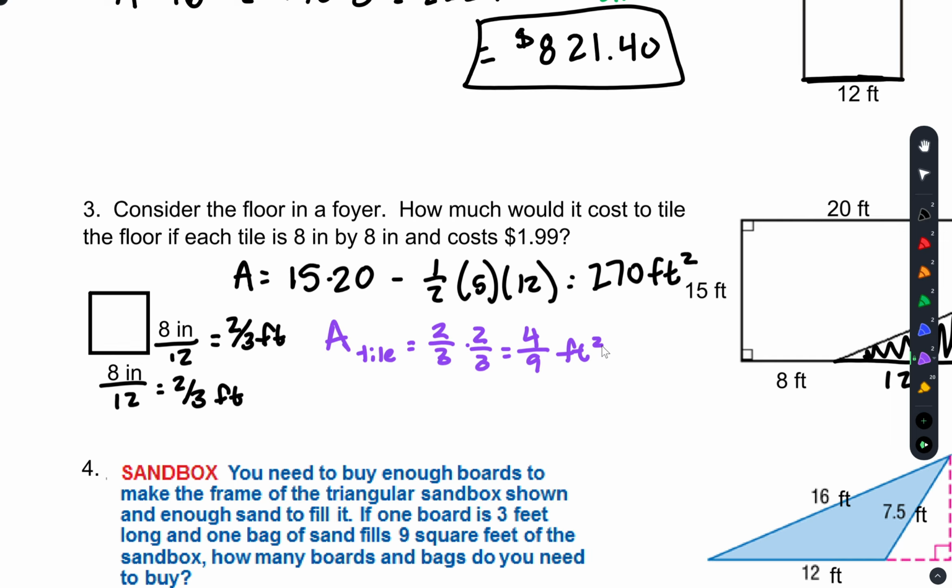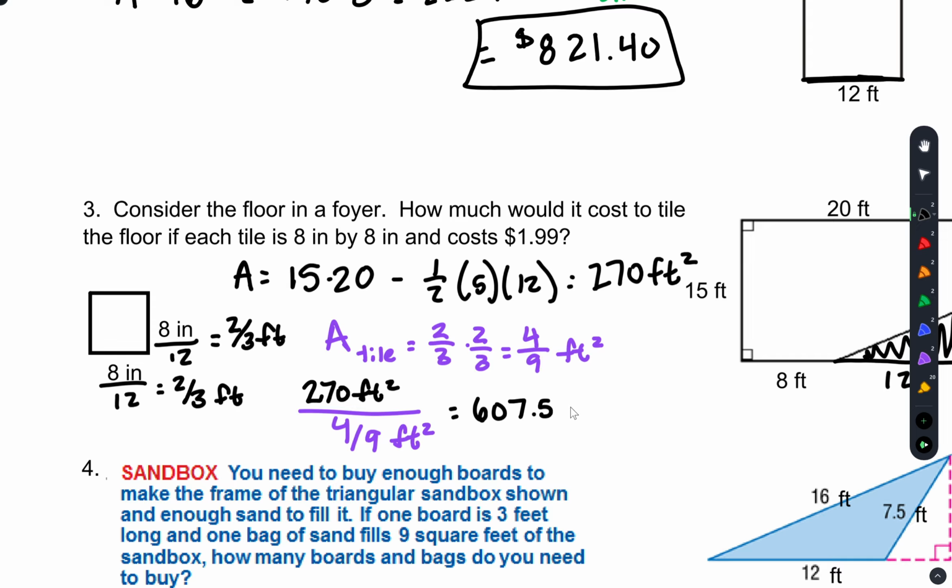Now that I know the area of my room and I know the area of a tile, I can figure out how many tiles I'm buying. So I'm going to take 270 and divide by 4/9. 270 divided by 4/9 gives me 607.5.